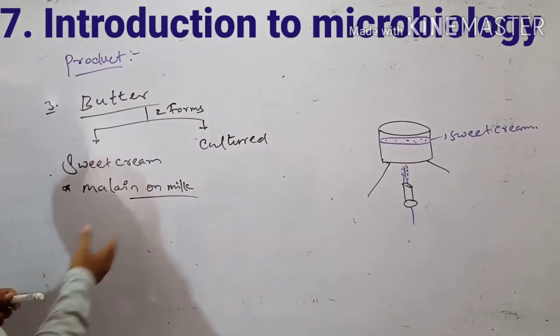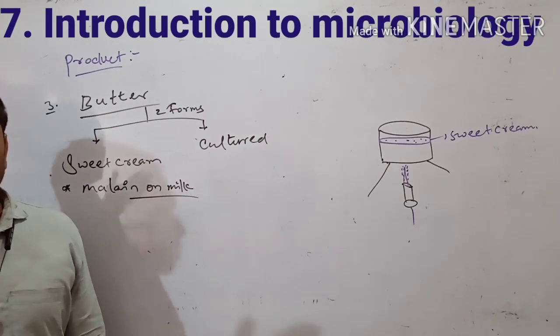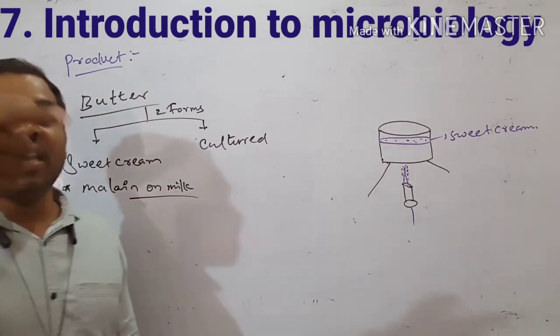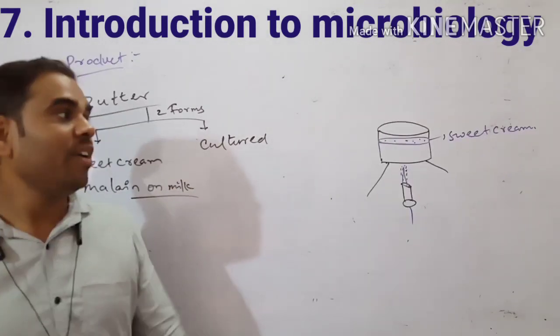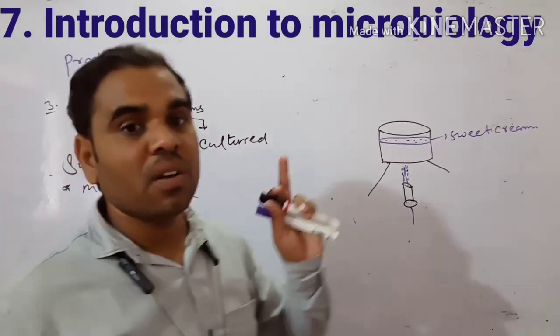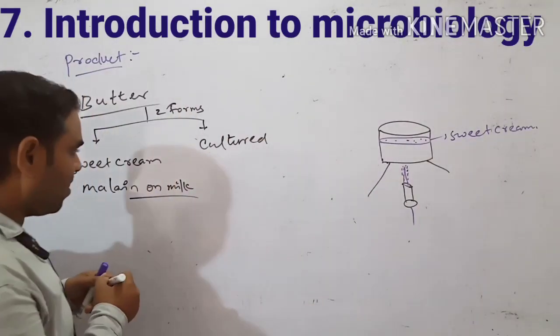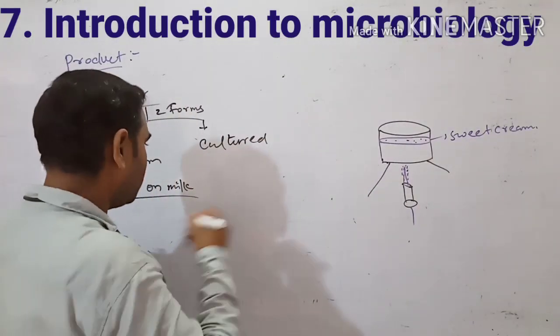When boiling, while sipping milk or tea, a layer forms on the upper surface. We are calling that cream, that is sweet cream. There is more fat here; fat is deposited here.